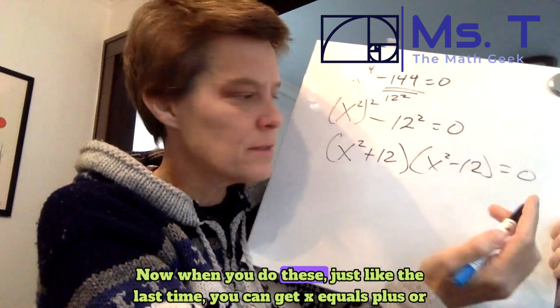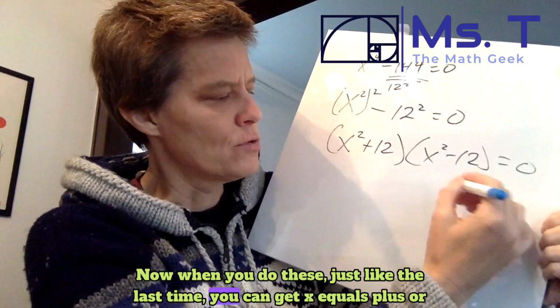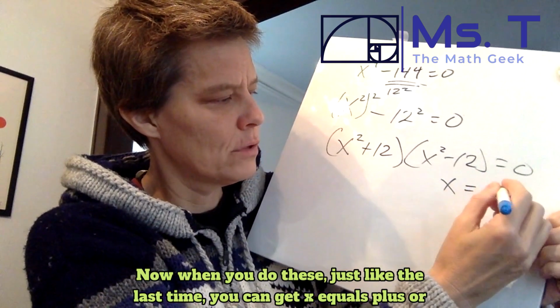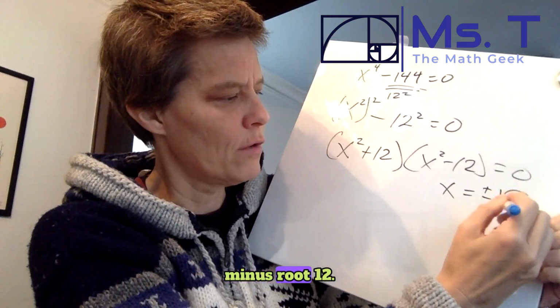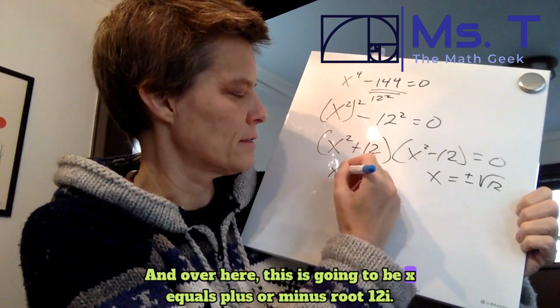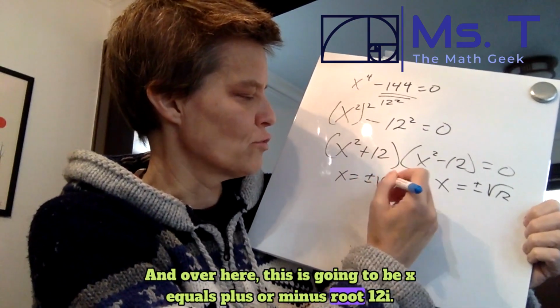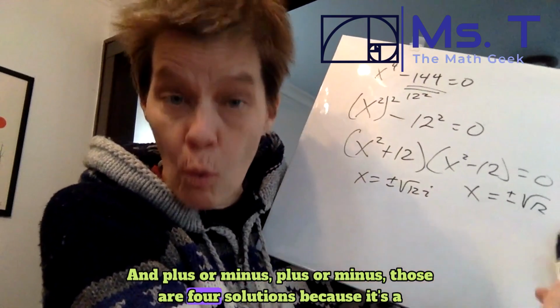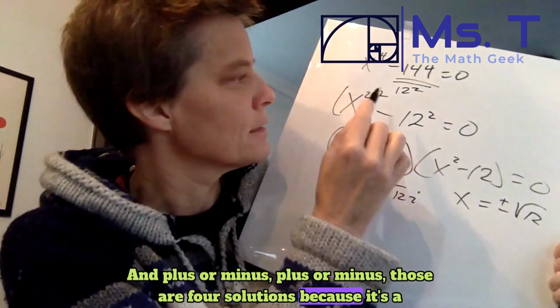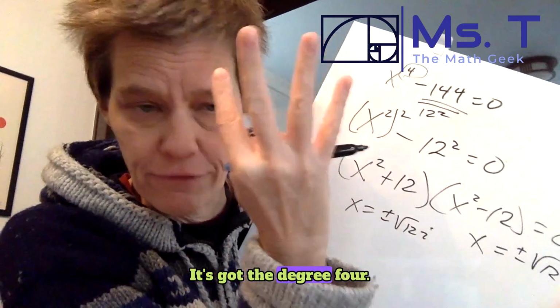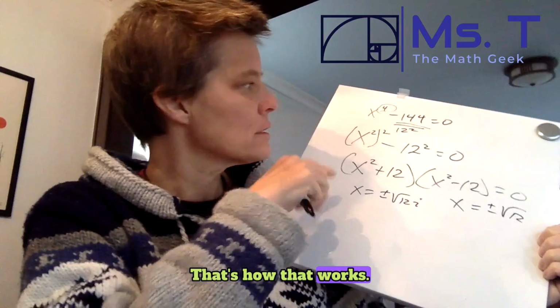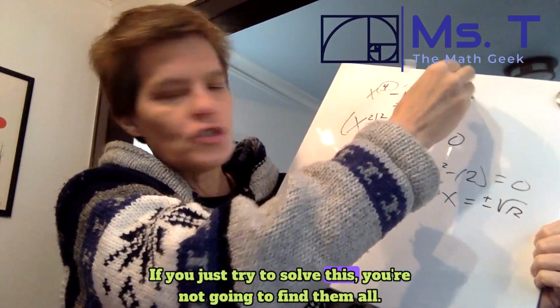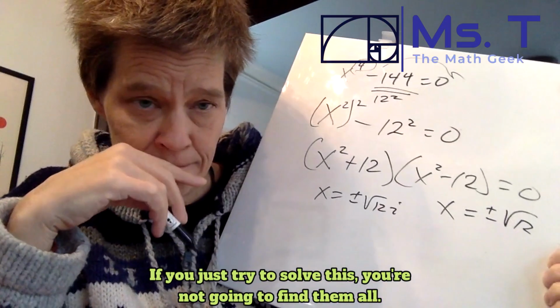Now when you do these, just like the last time, you can get x equals plus or minus root 12. And over here, this is going to be x equals plus or minus root 12 i. And plus or minus, those are 4 solutions because it's a quartic. It's got degree 4. That's how that works. If you just try to solve this, you're not going to find them all.